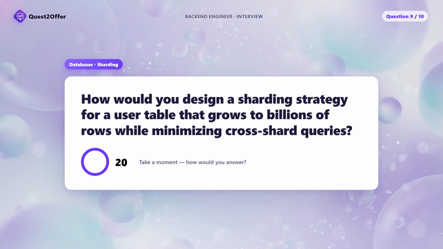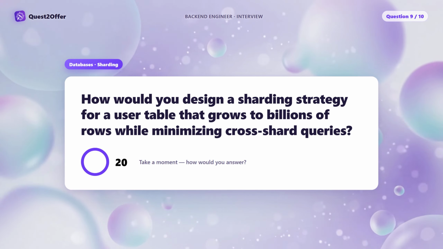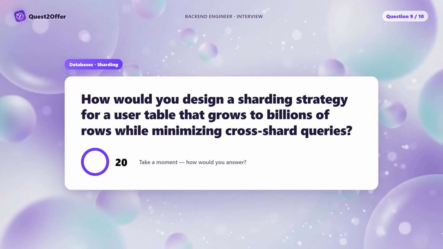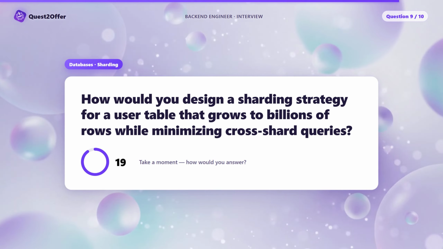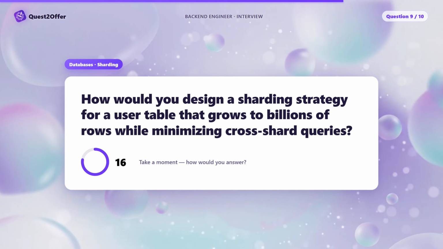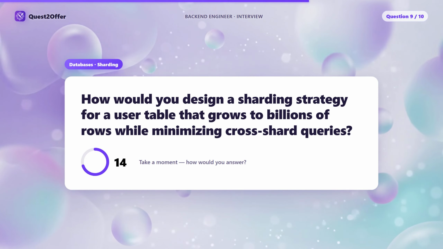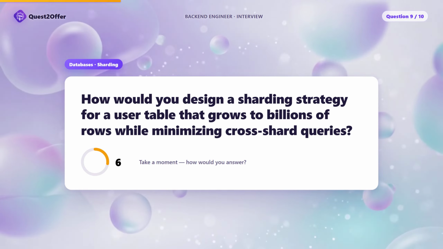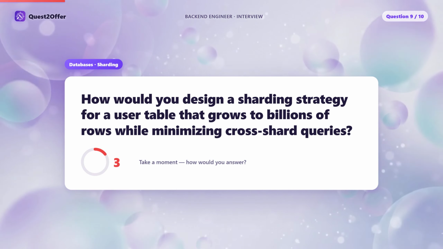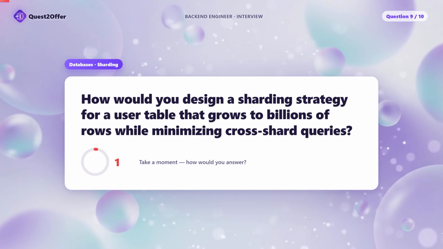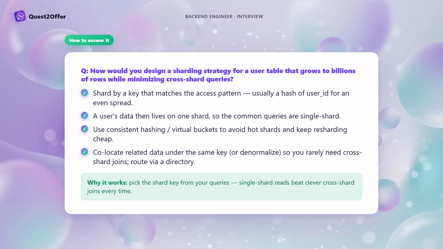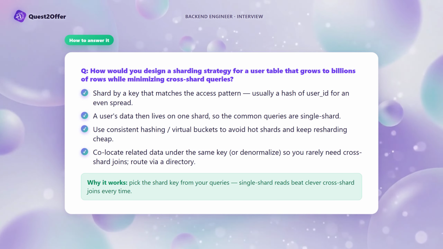Question 9. How would you shard a user table that grows to billions of rows while minimizing cross-shard queries? Shard by a key that matches how you read the data, usually a hash of user ID for an even spread.